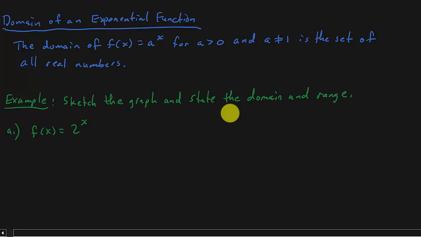So the domain of an exponential function, f of x equals a to the x, where a is positive and not equal to 1, is the set of all real numbers. In other words, the domain is -infinity to +infinity. That's all that means, because we can plug any number we want into x.